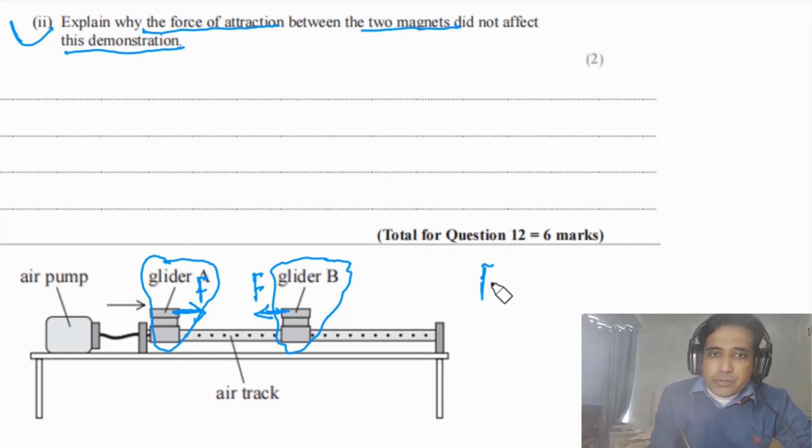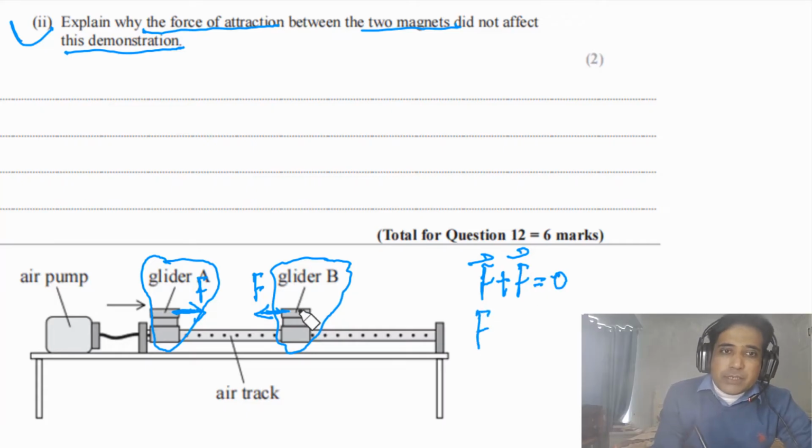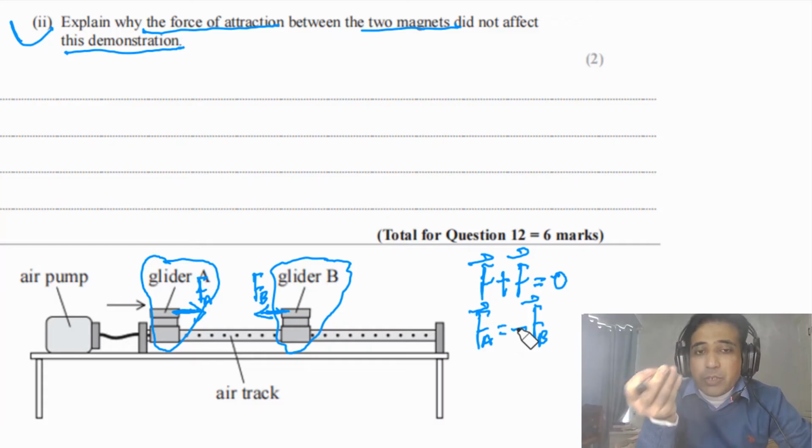So the vector sum of these two forces will be equal to 0. The force on A is equal to the negative of the force on B, because these forces have opposite directions. So the resultant force on the system is equal to 0.